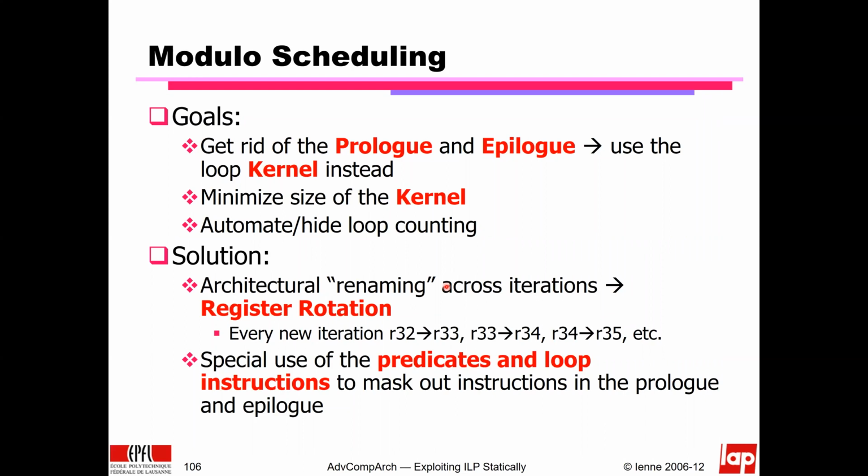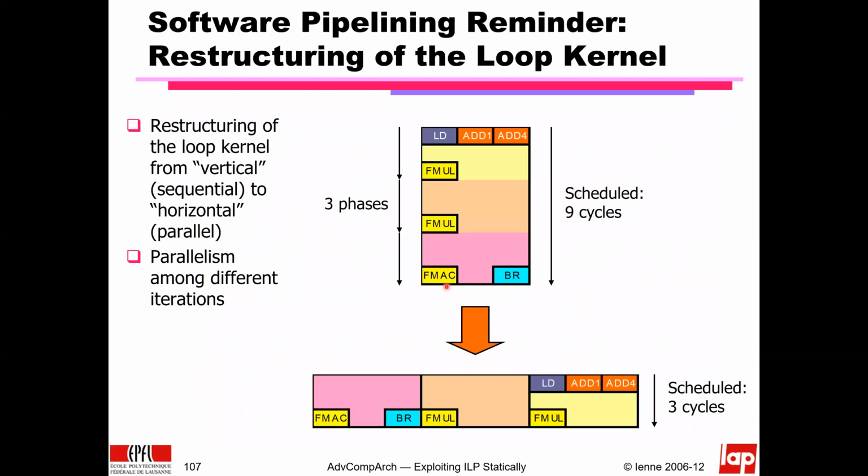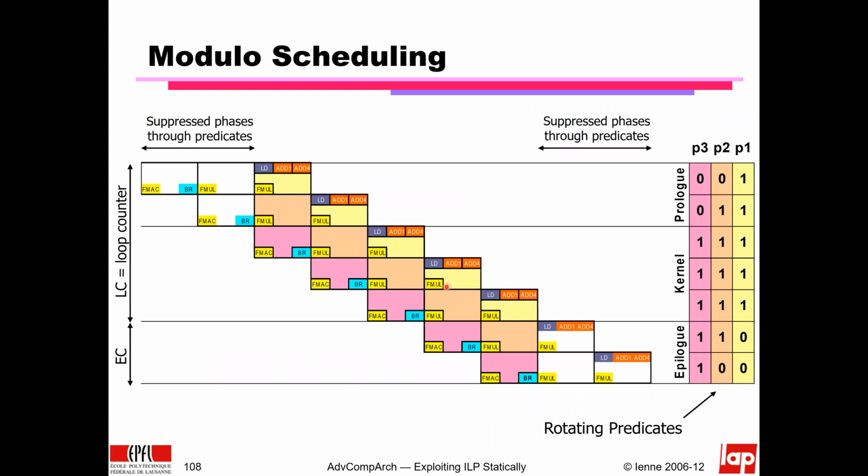It is actually extremely sophisticated and very nice, but puts a lot of demands both on the compiler, which maybe is not a big deal, and on the structure of the register file. So the idea is to do exactly the same as software pipelining, but one of the ideas, for instance, is to avoid this part here being the prologue.